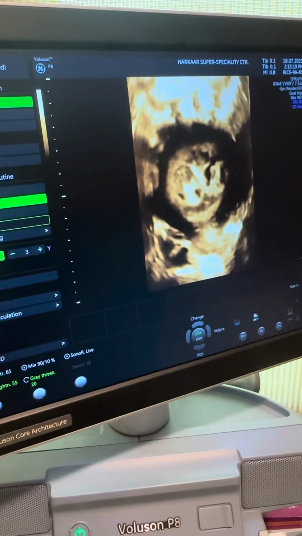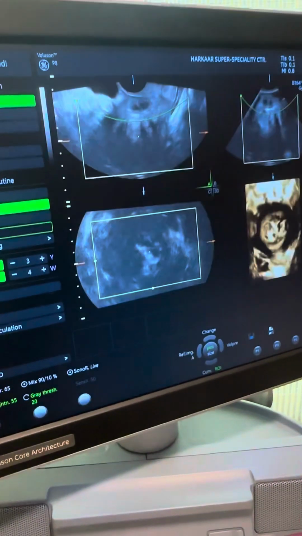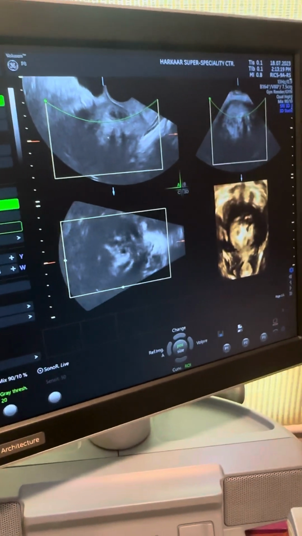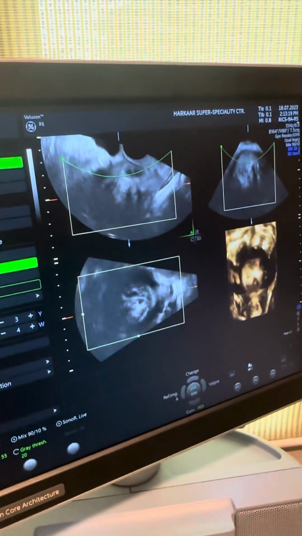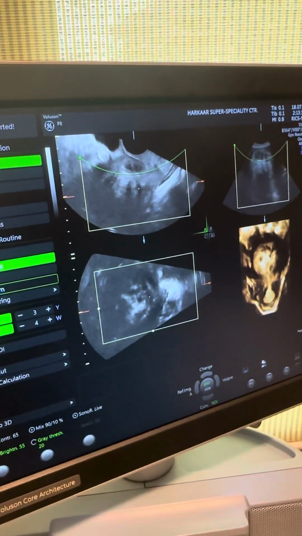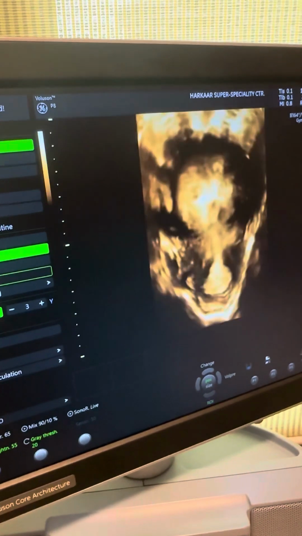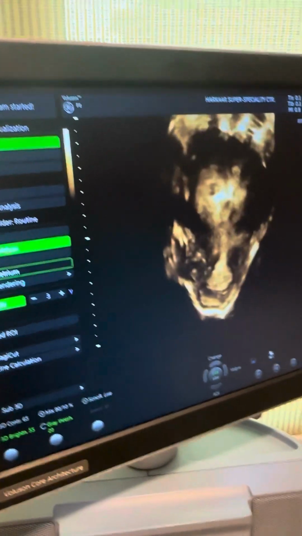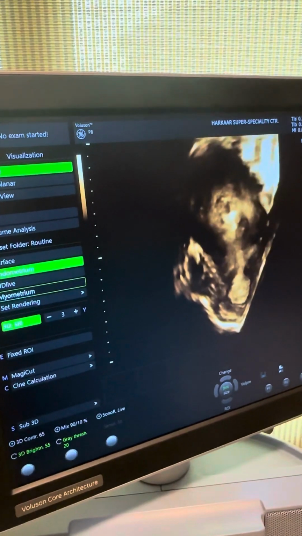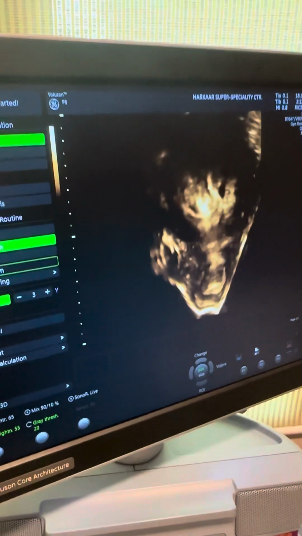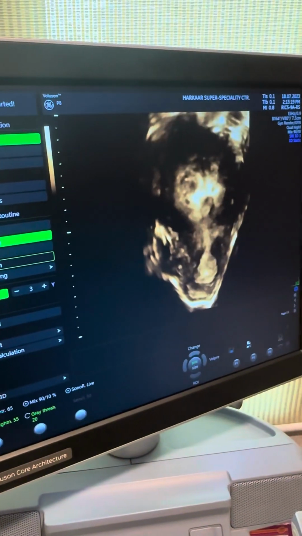Practically none. Let us check if any of the endometrial space is left or not. No. The fibroid is completely compressing the endometrial cavity.